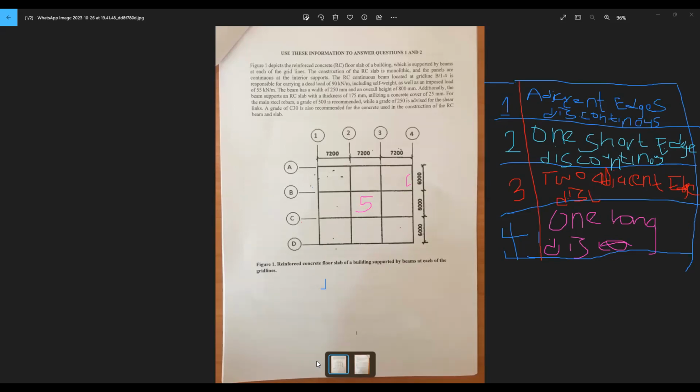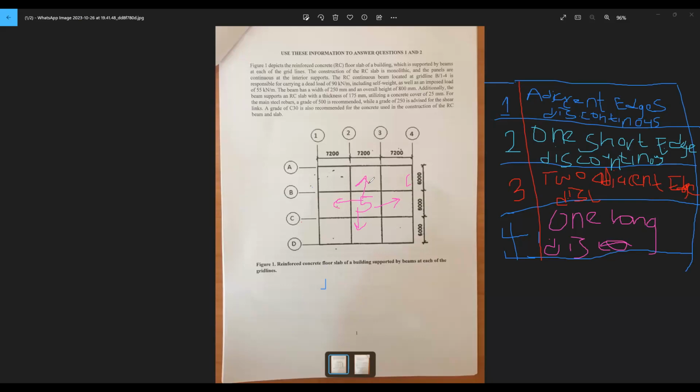This looks a bit different, and if you do it ahead of time, you would see that all the sides will be continuous, because this side will lead to another panel, this side will lead to another panel, and this side will lead to another panel, as well as this side. With this, we can say that all the edges are continuous, but we don't have such a name in the code book.